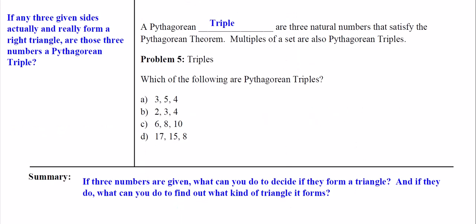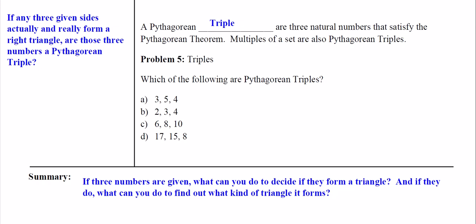Okay, a Pythagorean triple. It's 3 natural numbers. So what is a natural number? It's the numbers that you would count when you were a kid, when you're playing hide and seek. Hopefully you were a regular kid. You didn't go like -2, 0, 1.3, 7 over 5.